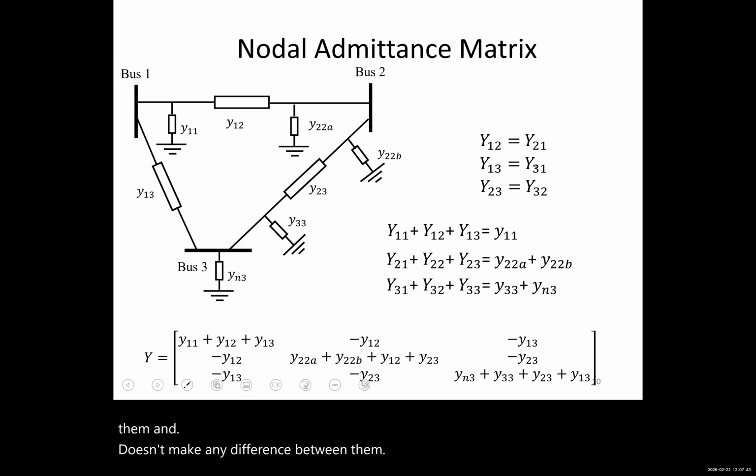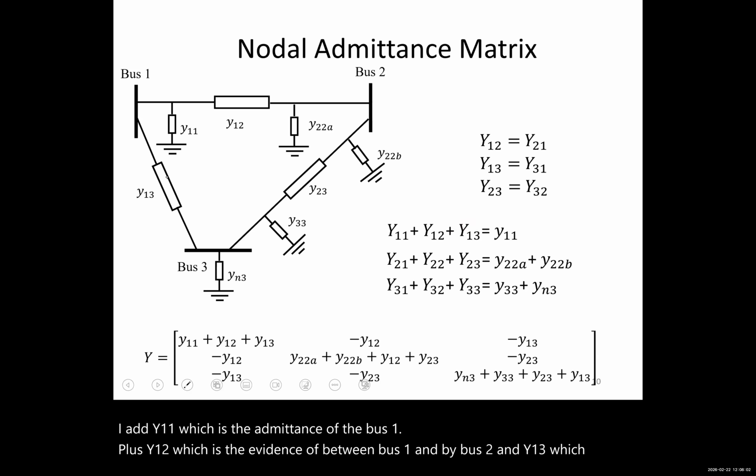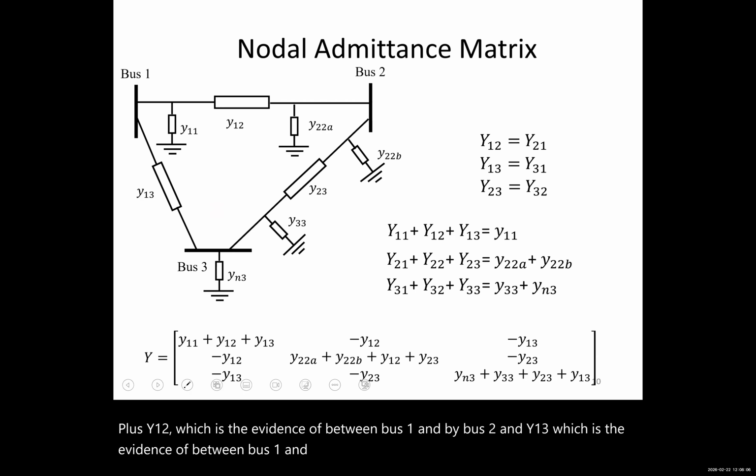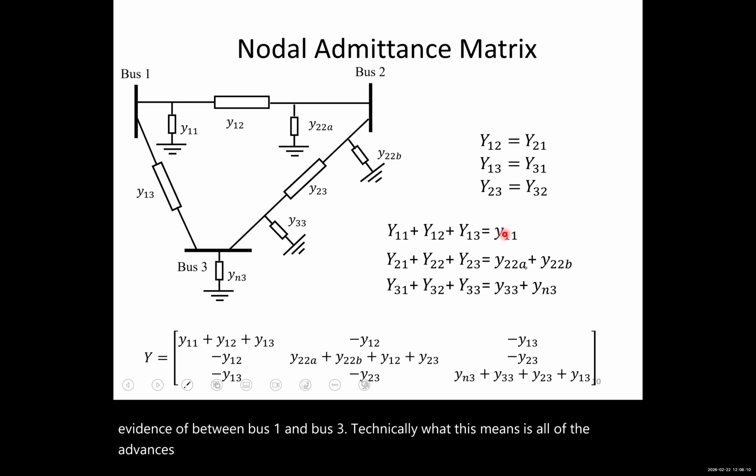Now, if I add y11, which is the admittance of bus 1, plus y12, which is the admittance between bus 1 and bus 2, and y13, which is the admittance between bus 1 and bus 3. Technically, what this means is all of the admittances connected to bus 1. We get Y11.